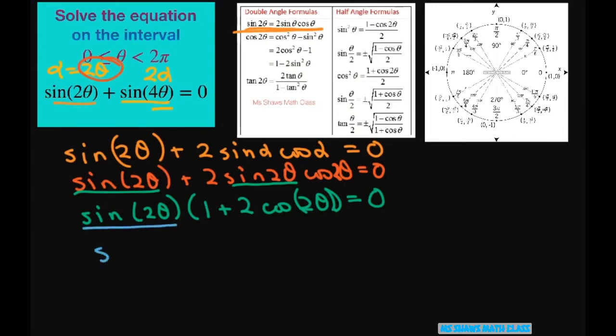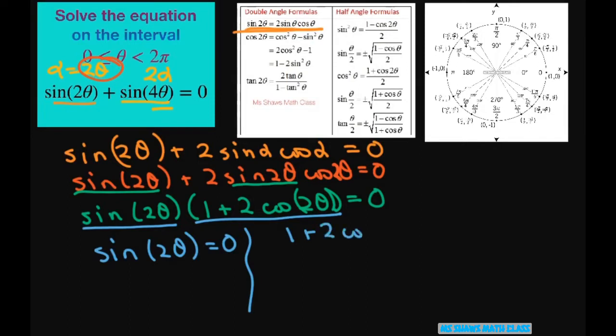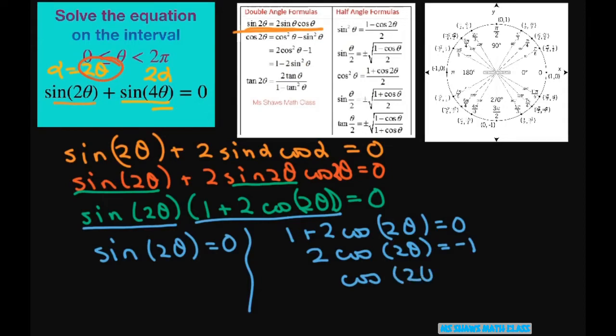So I have sine of 2 theta equals 0. And for this piece, I have 1 plus 2 cosine of 2 theta equals 0. Subtract the 1, so you get 2 cosine of 2 theta equals negative 1, and divide both sides by 2, so cosine of 2 theta equals negative 1/2.